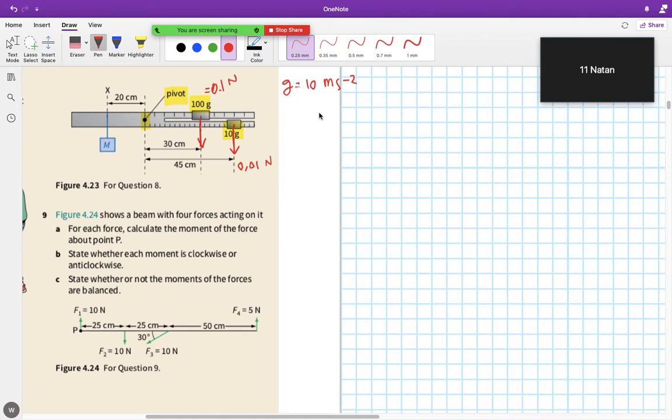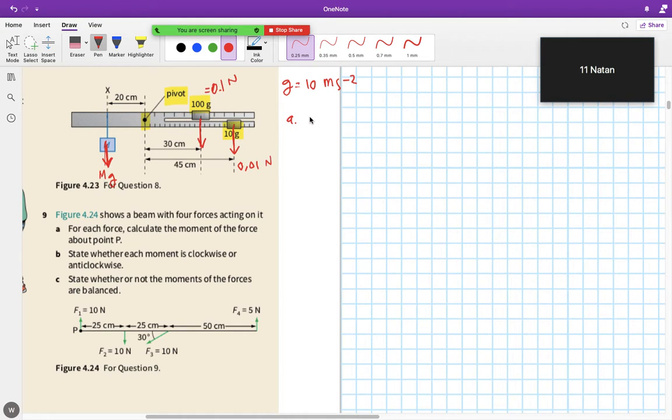So we use torque with all the masses, and we look for this mass. This is also mg.